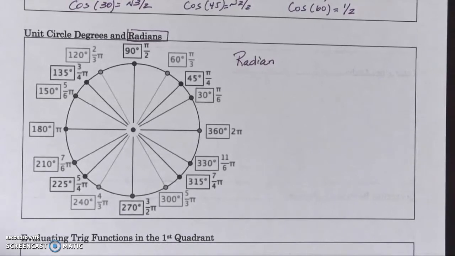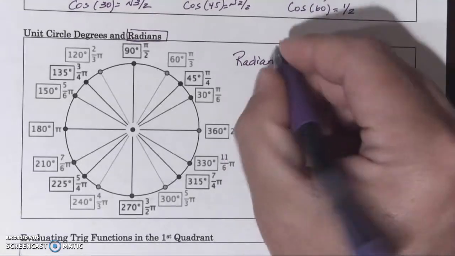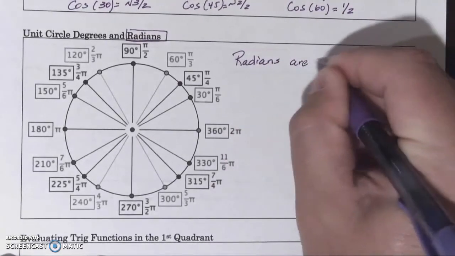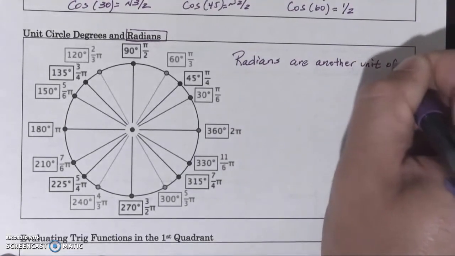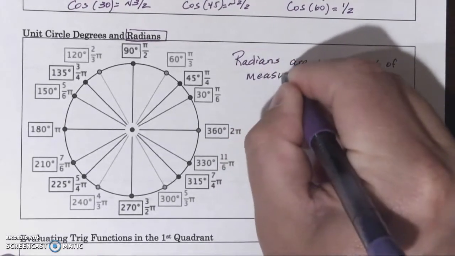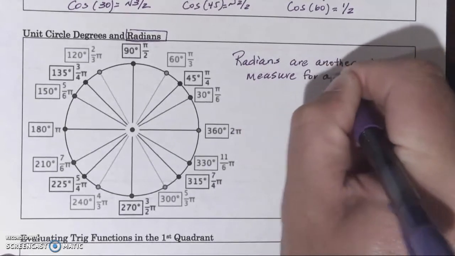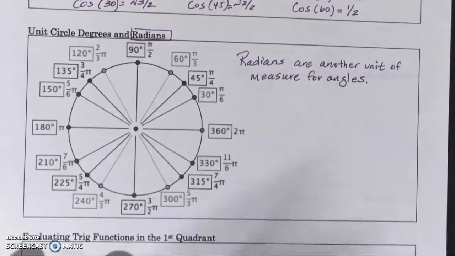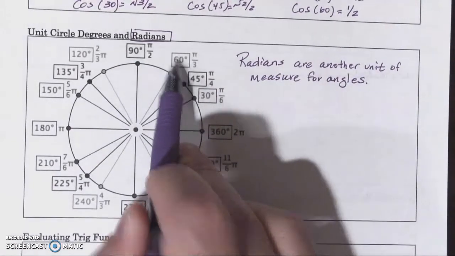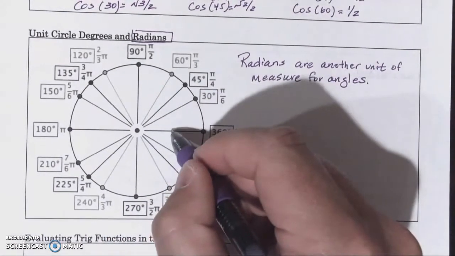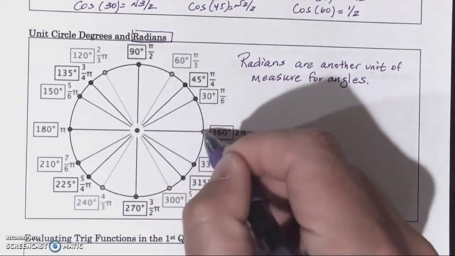Right now, what you need to understand for the purpose of our trig here is that radians are another unit of measure for angles. Whereas you are used to degrees, 30 degrees, 45 degrees, 60 degrees is the opening from this horizontal axis here.